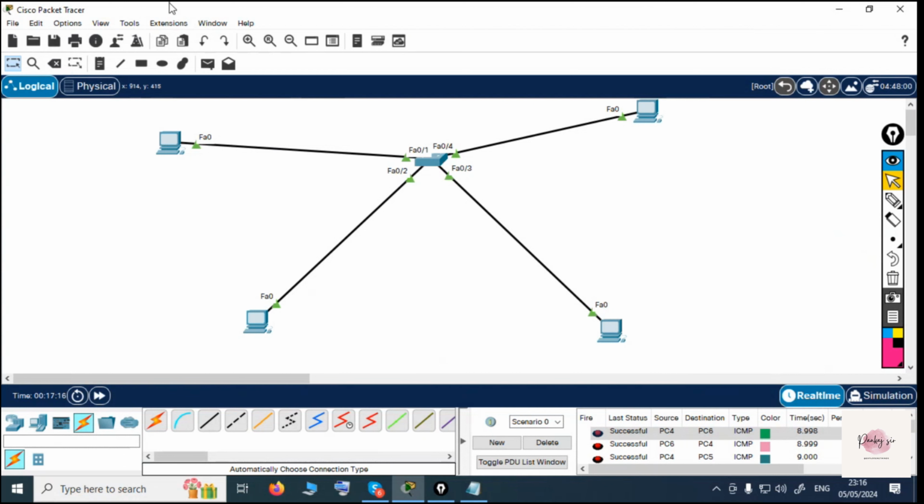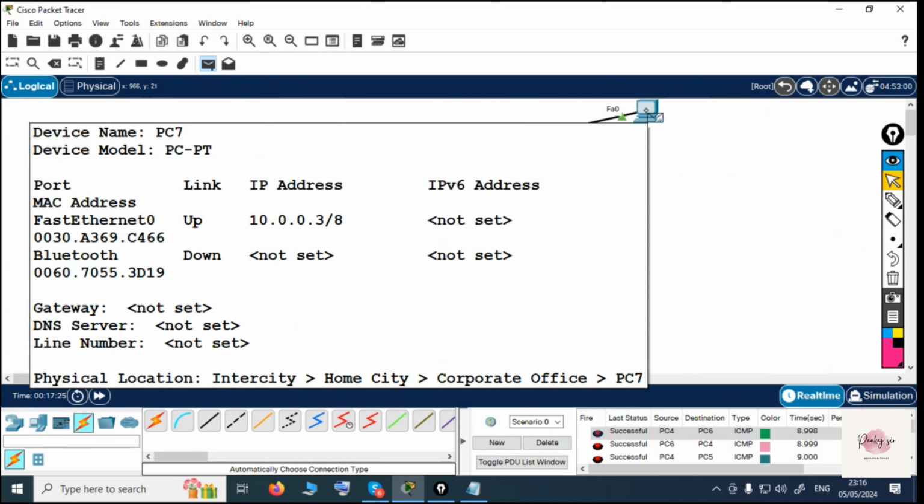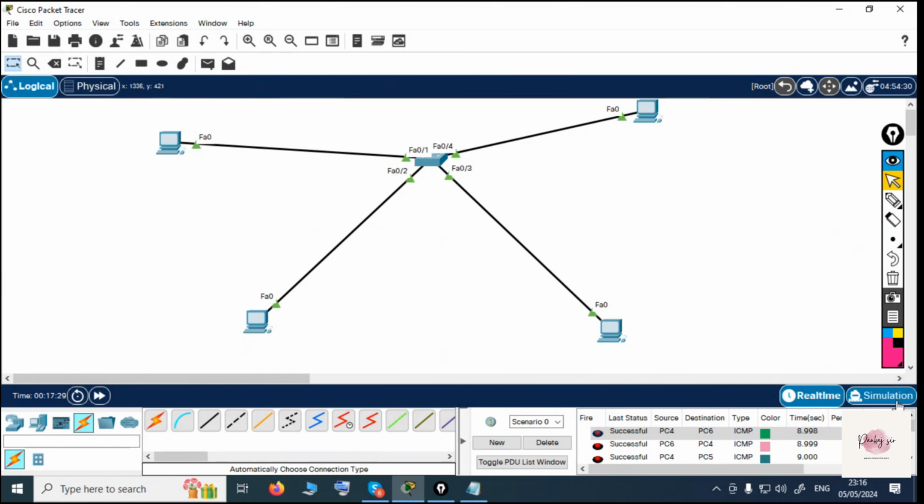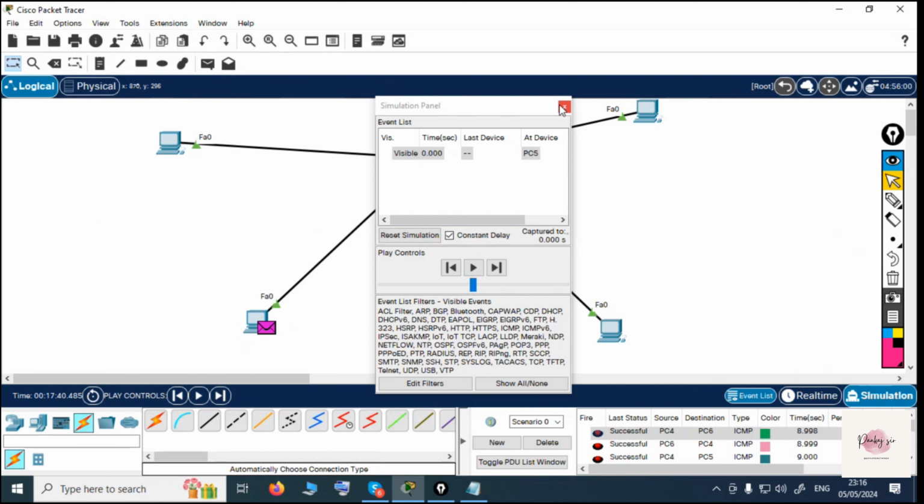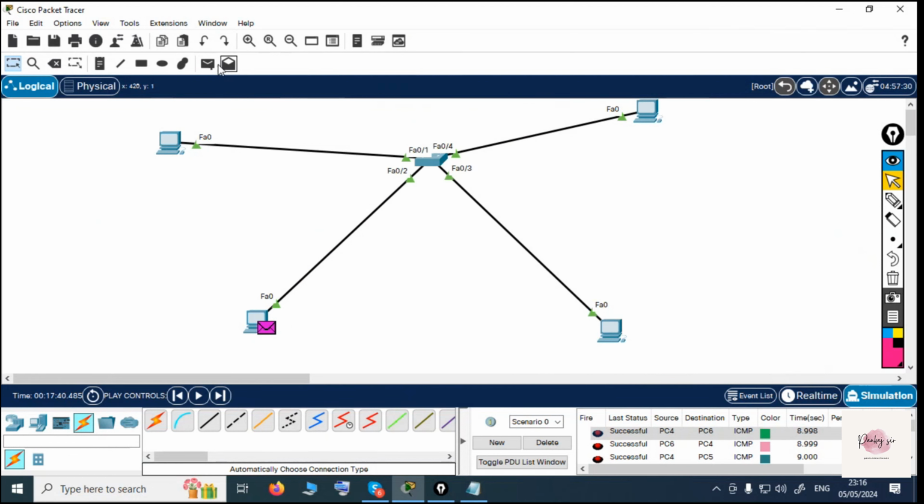Yes. Now let's check what happens when this device sends and receives the data. Let's check now.